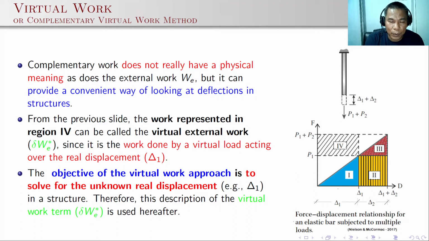Here, the objective of the virtual work approach is to solve for the unknown real displacement, that is delta 1, in a structure. Therefore, this description of the virtual work term delta W sub E is used hereafter.